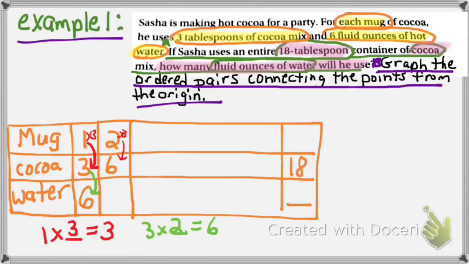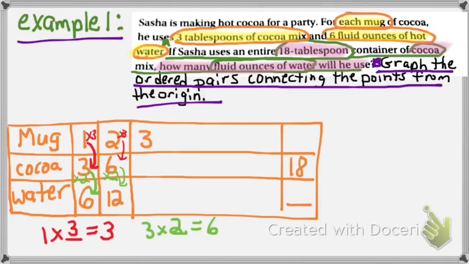Well, I know that 3 times 2 equals 6. So my rule from cocoa to water is multiply it times 2, since 3 times 2 equals 6. Okay, so let's move that over into my second column. 6 times 2, that's the rule, equals 12. So if there's 6 tablespoons of cocoa, I'll need 12 fluid ounces of water.